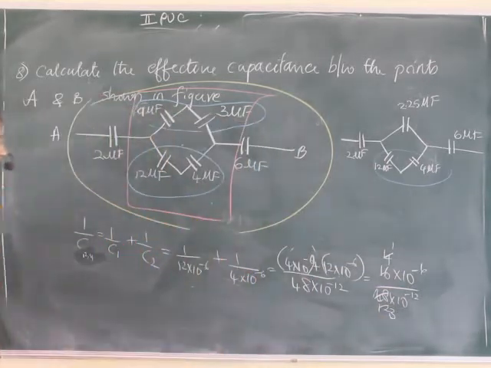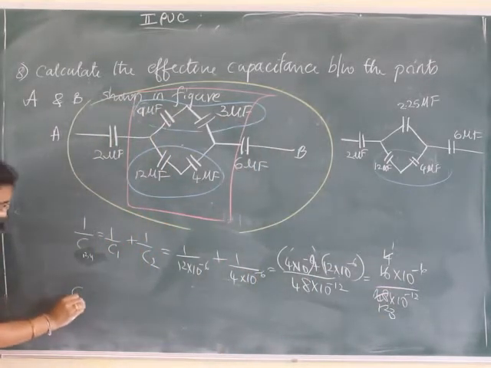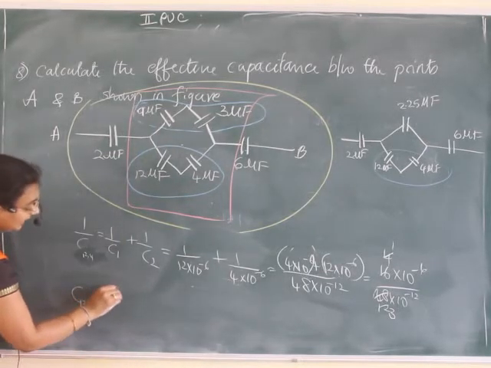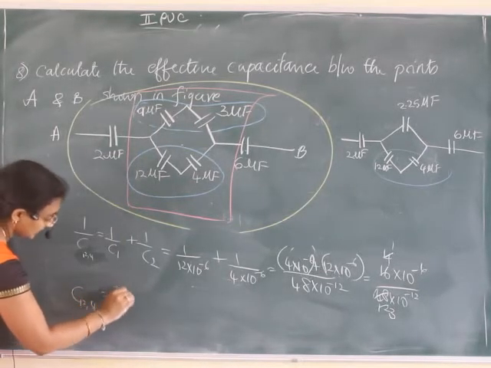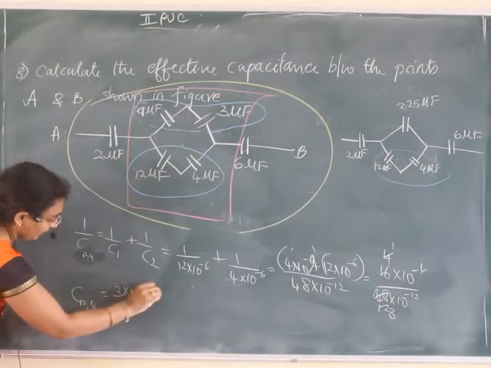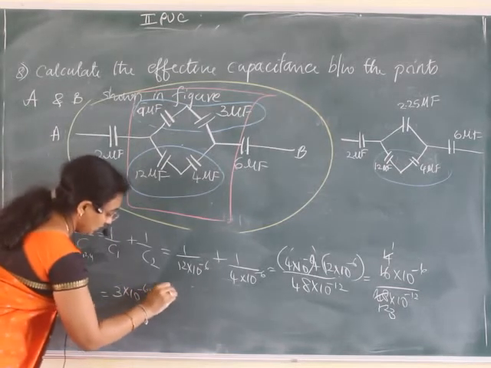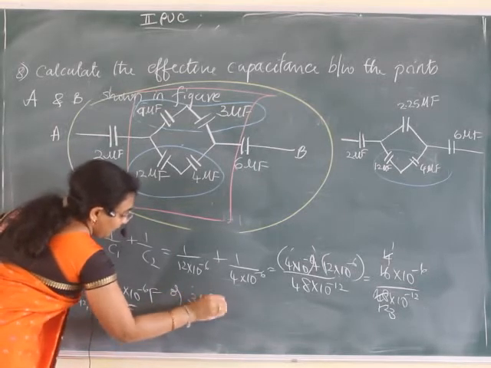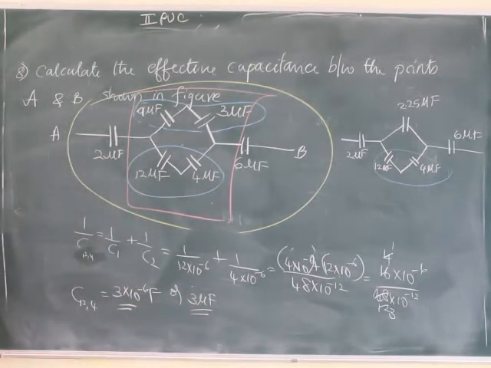Correct? So I can write C 12, 4 is equal to 3 into 10 to the power minus 6 farad, or 3 microfarad. Am I right?